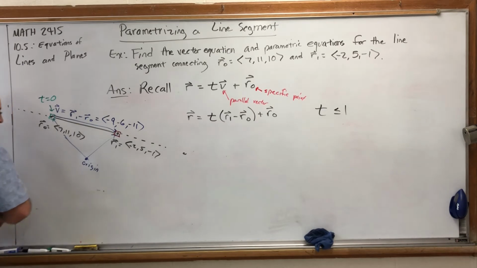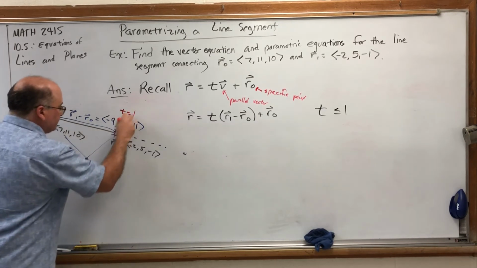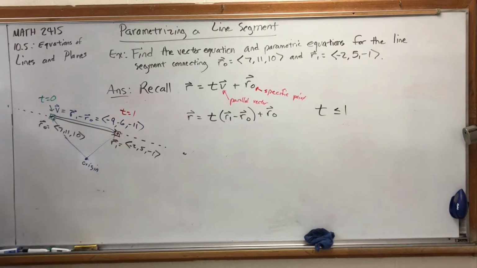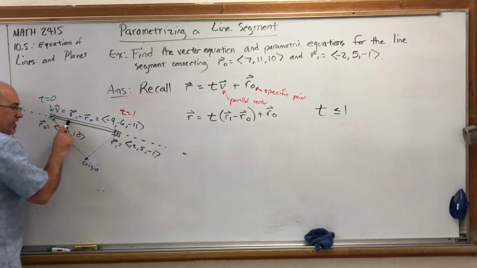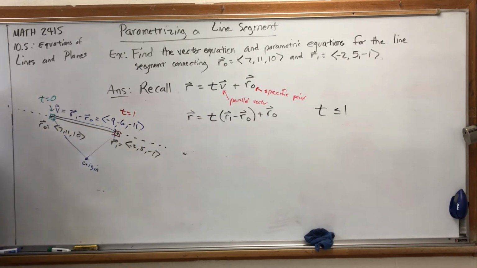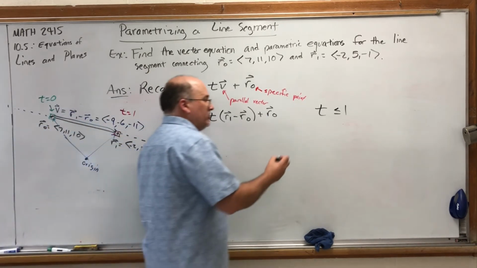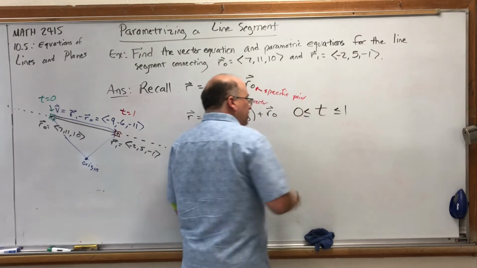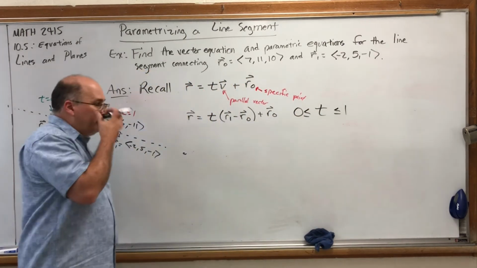And when we travel it once, it takes us over here. So t can assume any value that's greater than 0, but simultaneously less than 1, because that just means we'll start here. We'll go a little ways, but we won't go further than one of those vectors, which takes us from the first point to the second point, which means we can restrict t to being between 0 and 1.